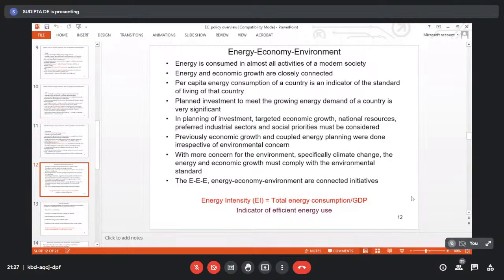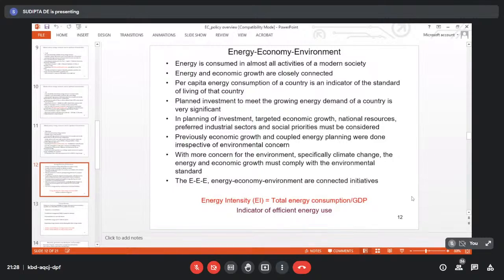Now look at how this contrasts with per capita energy consumption, which is an indicator of the standard of living of a country. If any country has a very efficient energy system, then for a very high standard of living, they may consume less energy.